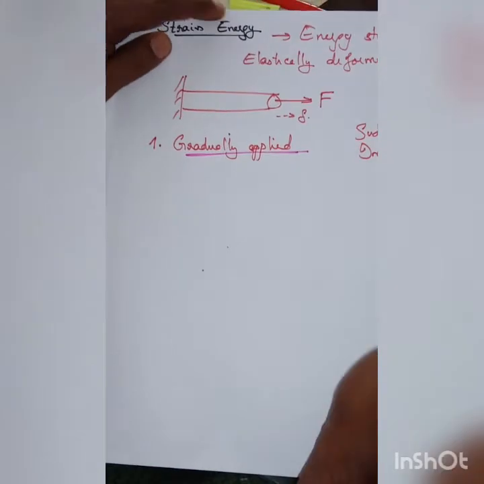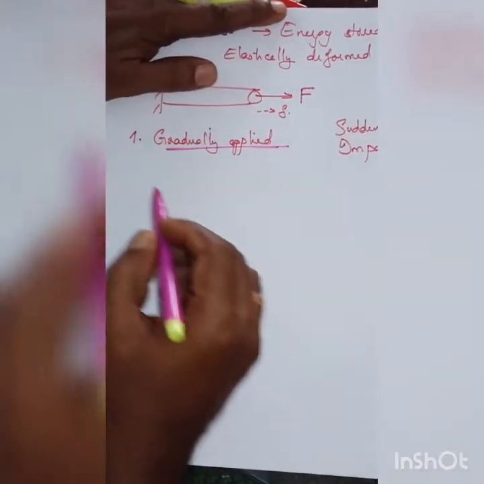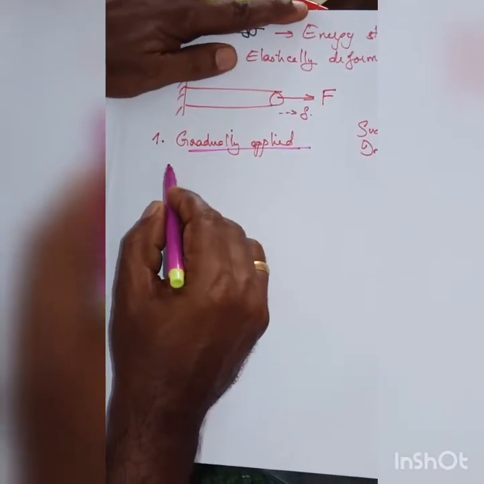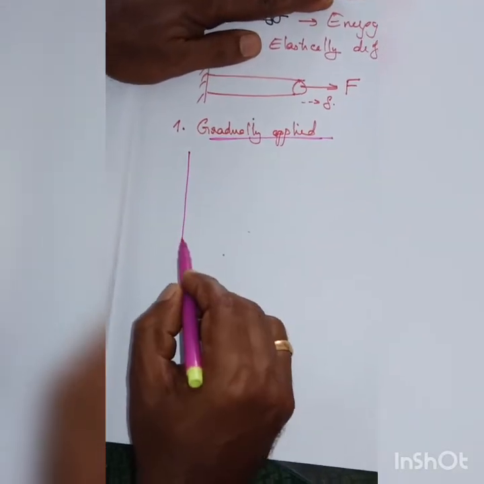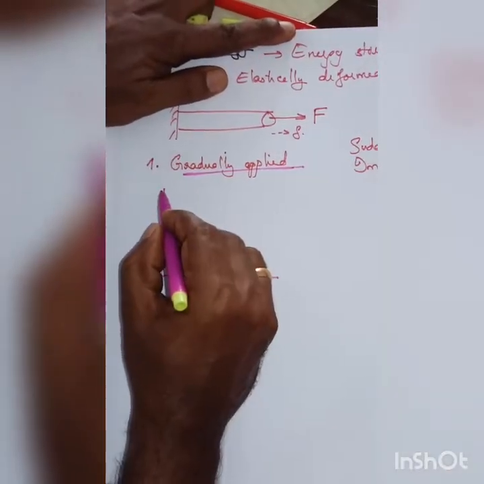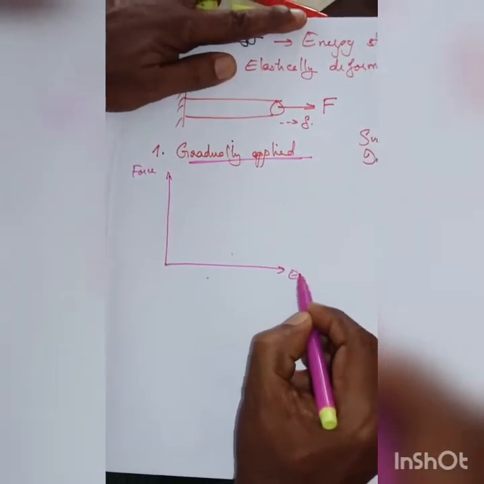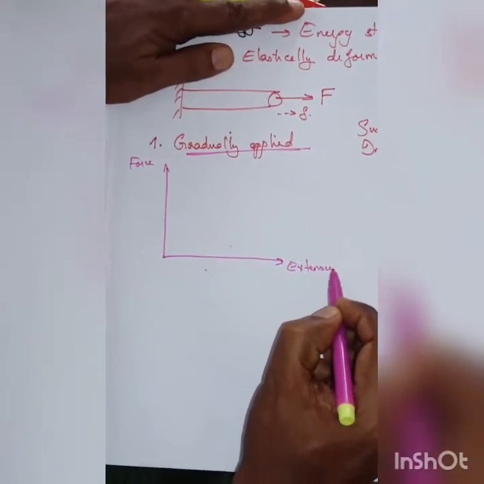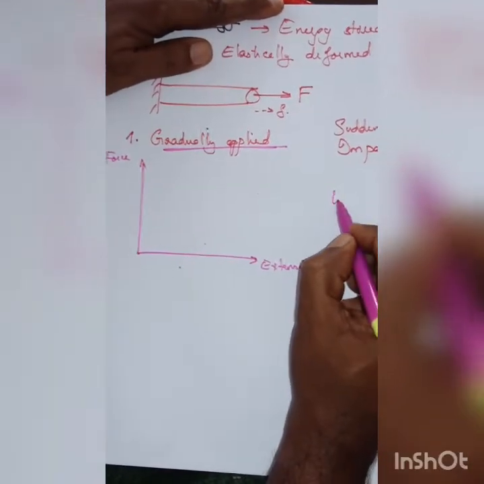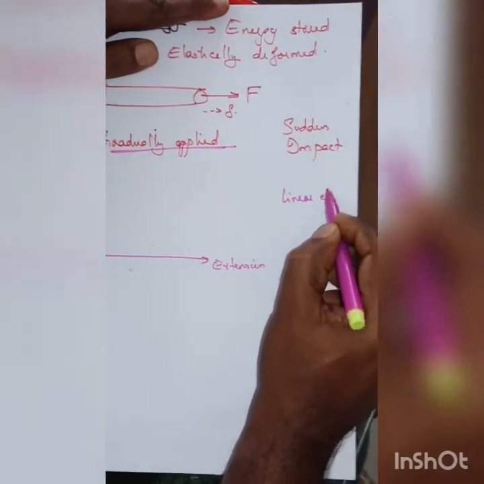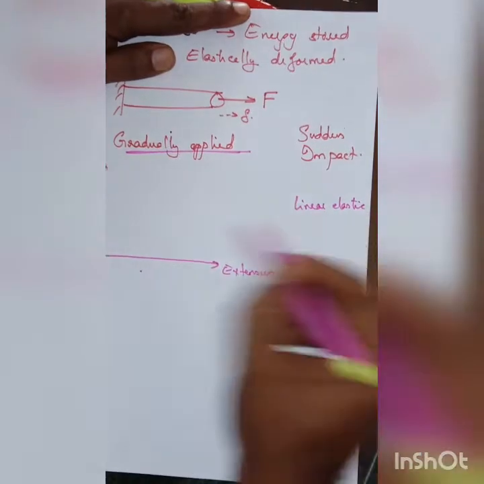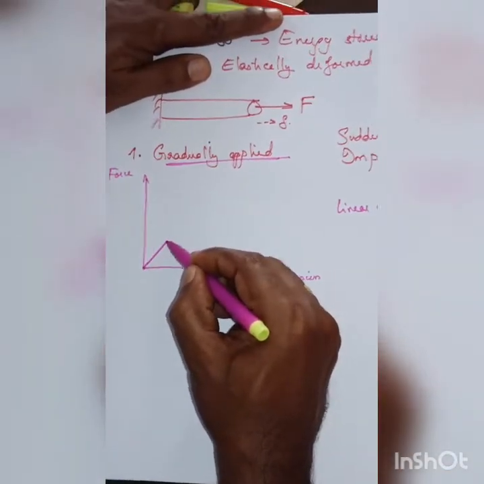In this derivation, we will be considering a linear elastic material. If we plot the force extension curve for a linear elastic material, you can see a straight line.